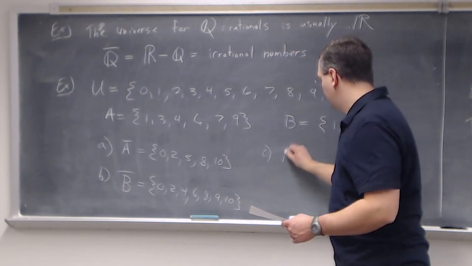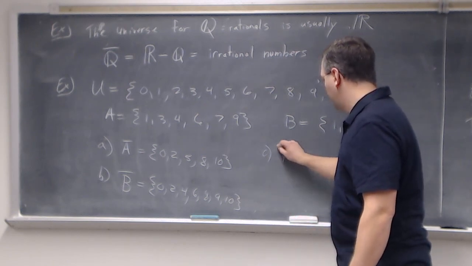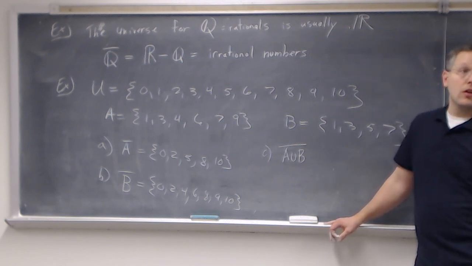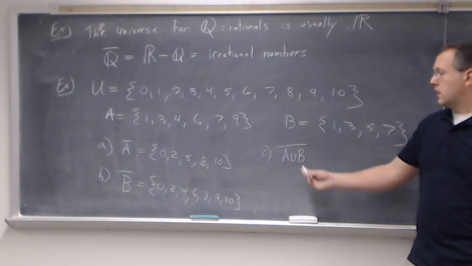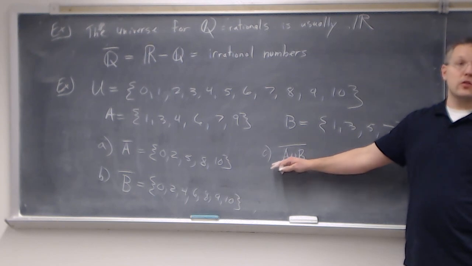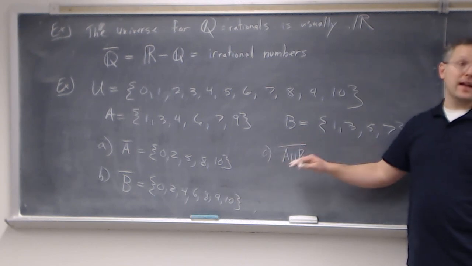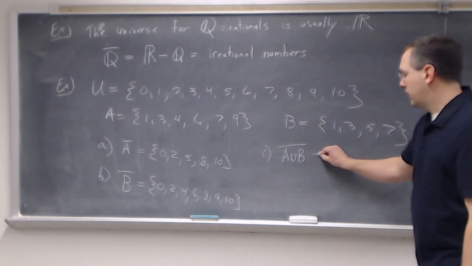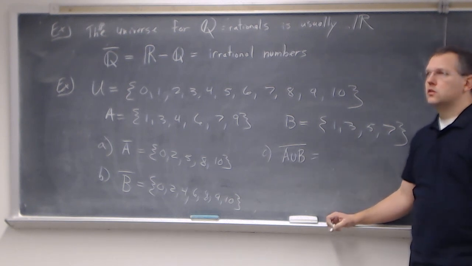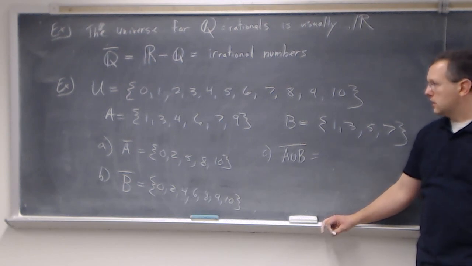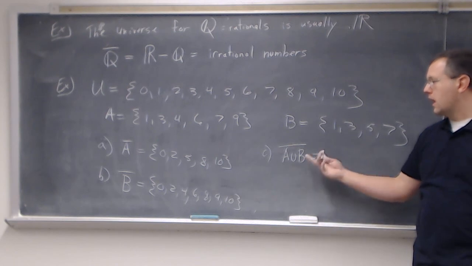What is the complement of A union B? Since the line is above the whole thing, you have to start with the set A union B, and then take the complement of that set. So you have to think about what A union B is: everything in A plus everything in B. What's not in A union B?